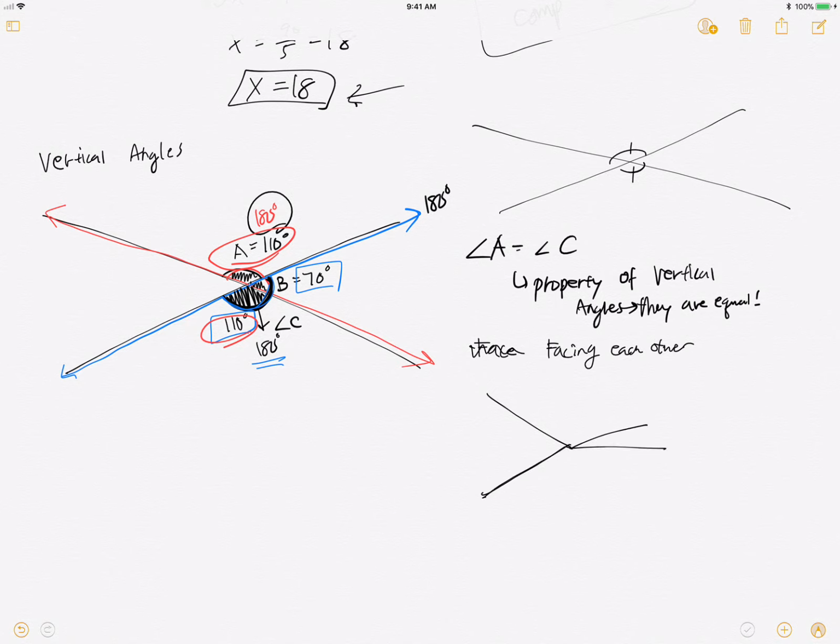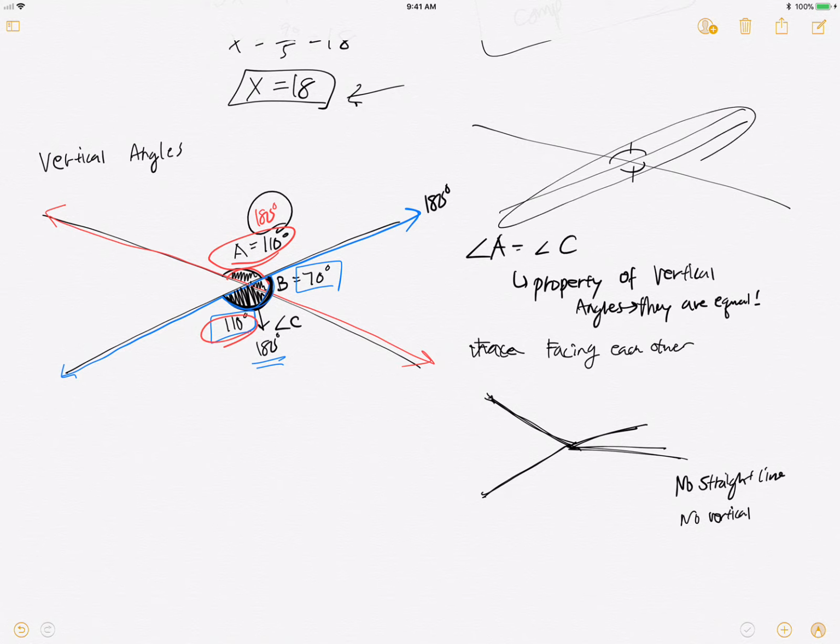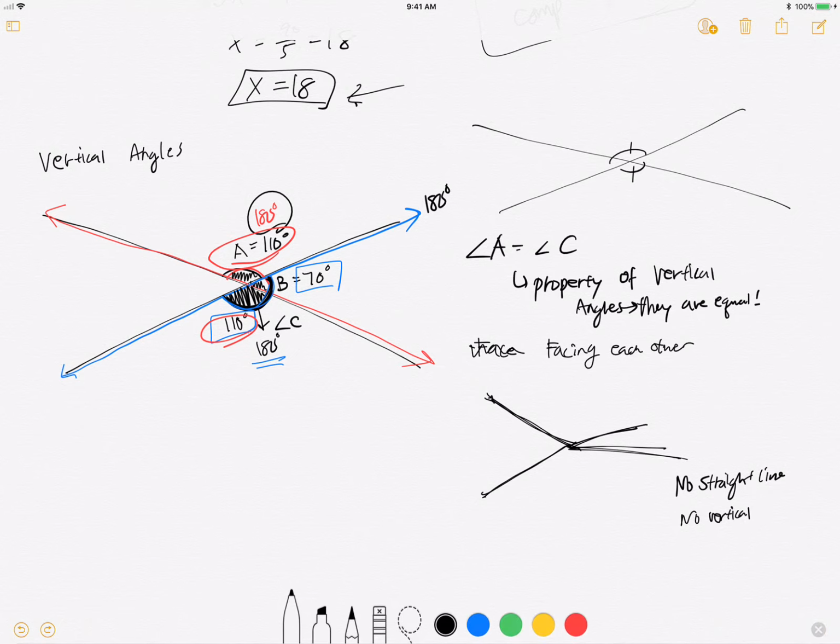So you see how there's a little dent here? Like I draw a little dent to indicate that this is not going to be a straight line. As long as you have no straight line, then there's going to be no vertical angles. It's not always the fact that they're always facing each other. It's a matter of having straight lines first, okay? Having straight lines, and then you can say, oh, the two straight lines cross each other like this and this.